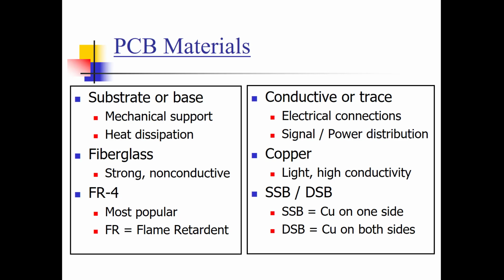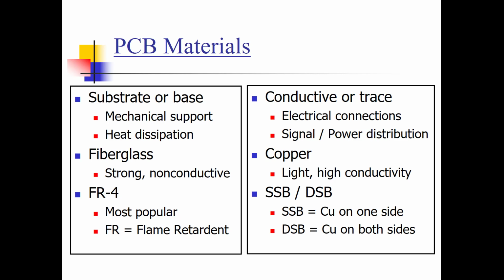And the most popular fiberglass board is FR4. FR stands for flame retardant. They actually add a chemical called bromide to the fiberglass to give it resistance to heating up and possibly flaming. There are various types of boards with different ratings, like FR5, FR6, and so on.